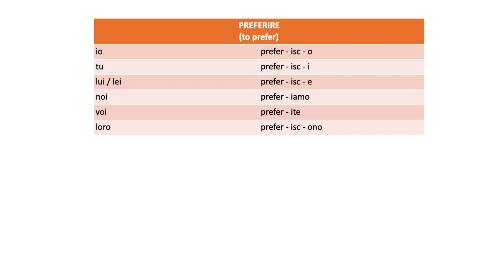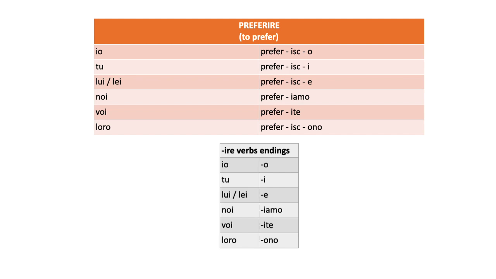Let's look just at the endings. They are these, right? O, i, e, iamo, ite, ono. In other words, they are exactly the same endings that we already learned for ire verbs. So what is the difference? Well, like their name says, these are isk verbs.